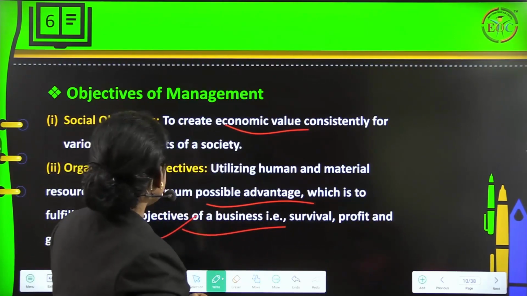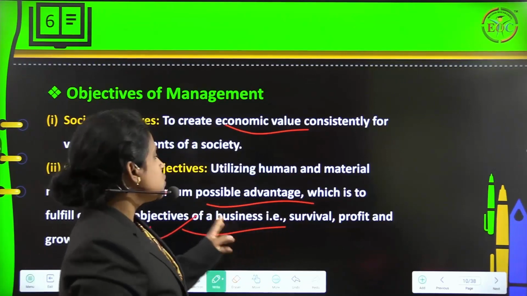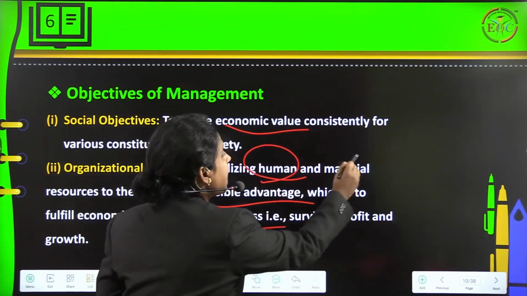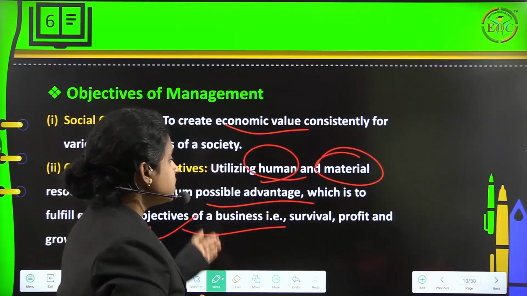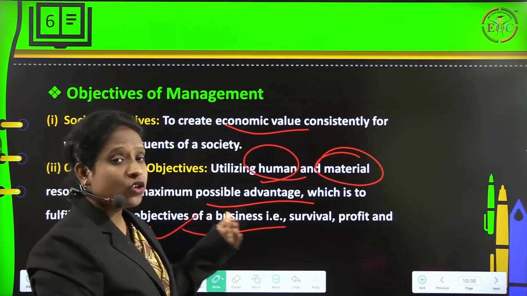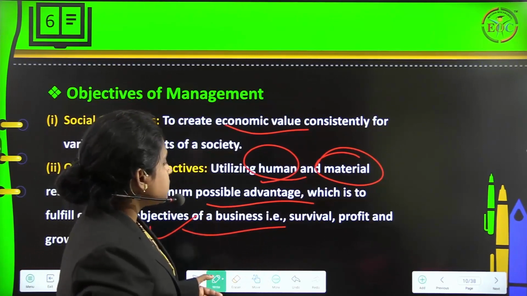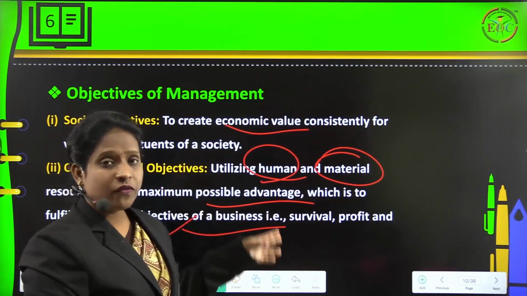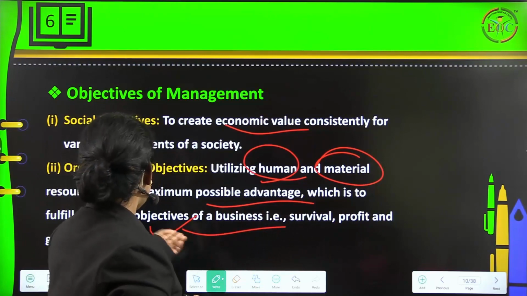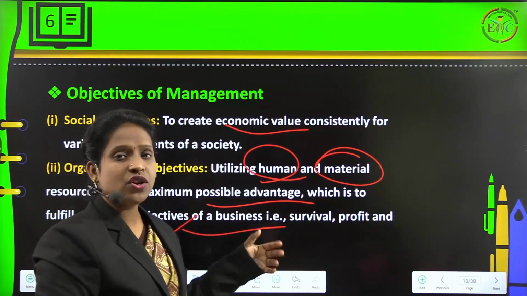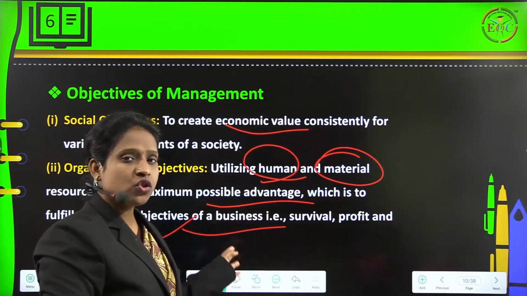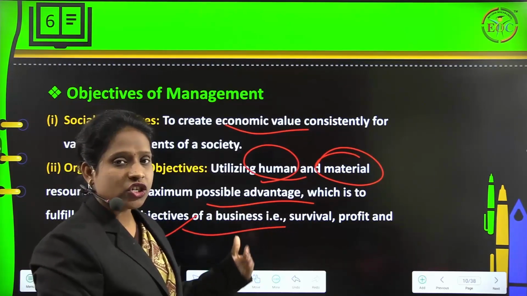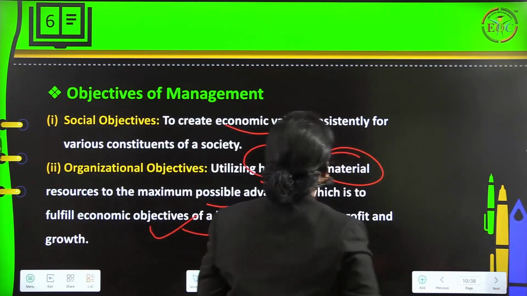So here you can understand organizational objectives: utilizing the human and material resources to the maximum possible advantage, to fulfill the economic objectives of a business in order to survive, to make a profit and also to have expansion, what we call growth. So by fulfilling all these things, we are focusing on what? Achieving the organizational objectives. Fine.